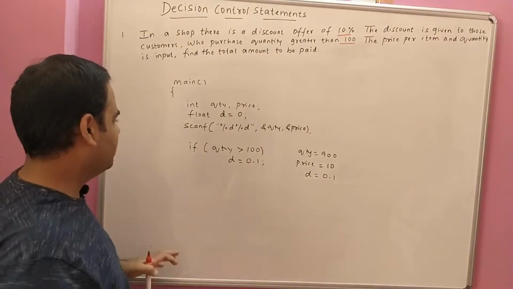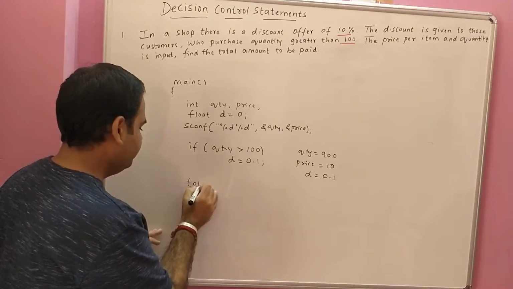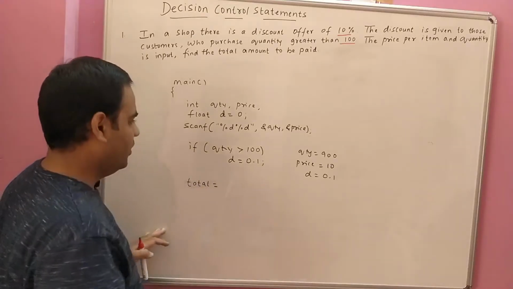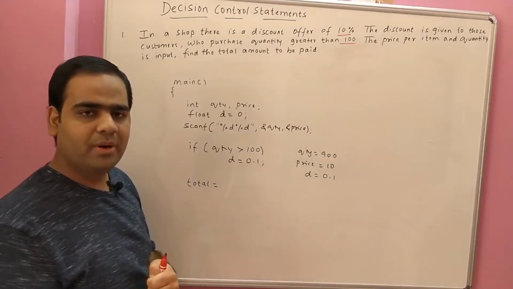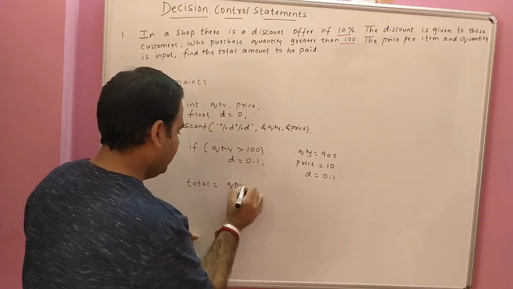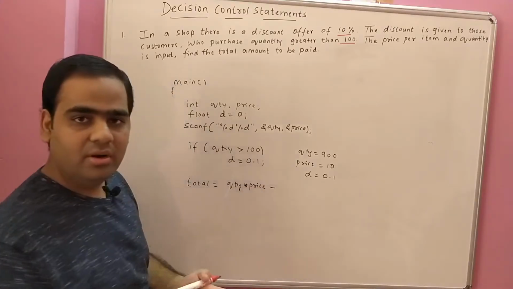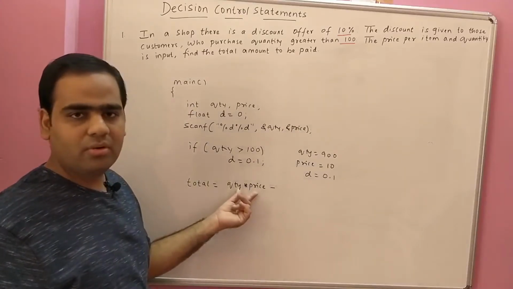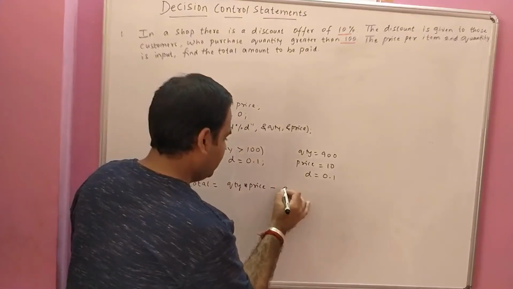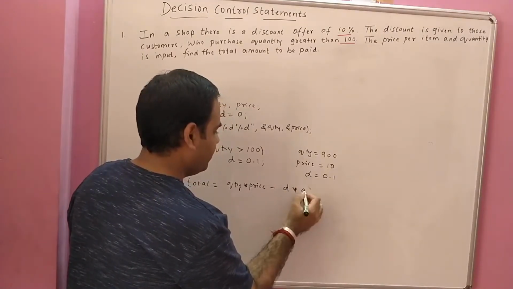Let's calculate the total price. How do we calculate the total price? We say total is equal to quantity into price minus discount on this quantity into price, that is, quantity into price minus d into quantity into price.